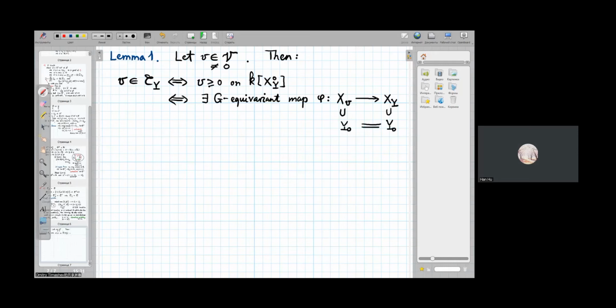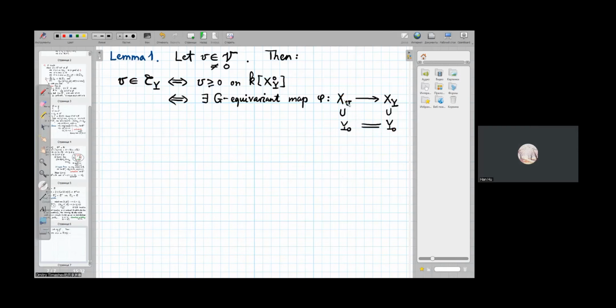So this lemma is not exactly the answer to your question, but it is somewhat similar. It says that if your simple spherical variety X sub Y is such that its colored cone contains the vector V, this holds if and only if the identity map on the open orbit can be extended from a map from here to here.